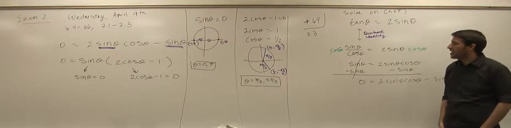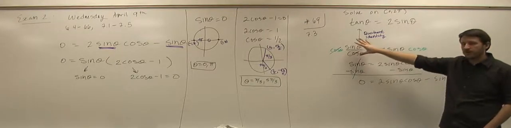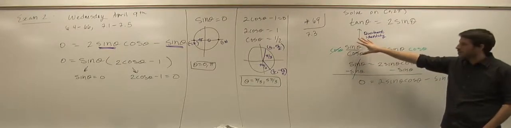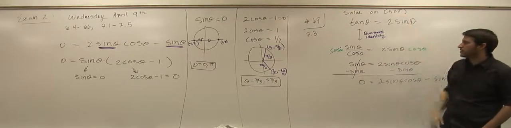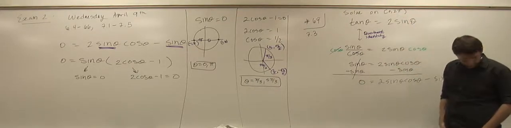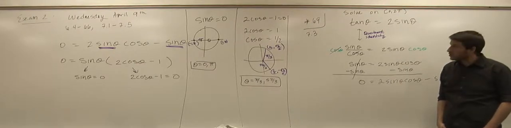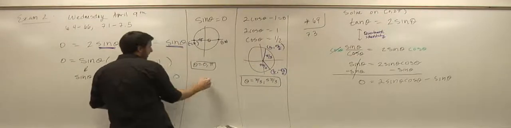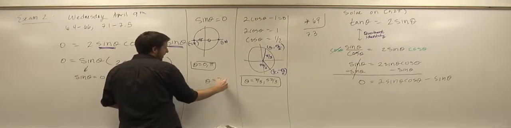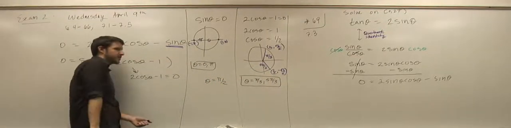But I couldn't have theta equals pi over 2 for an answer. You guys see that? Why can't I have theta equals pi over 2 for an answer to this equation? What's cosine at pi over 2? If I happen to do all my work and I end up with this answer, I didn't, but say I did, I'd have to cross it out.